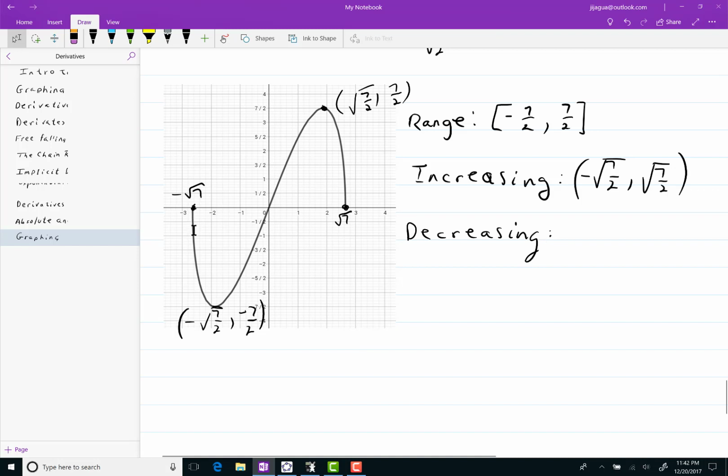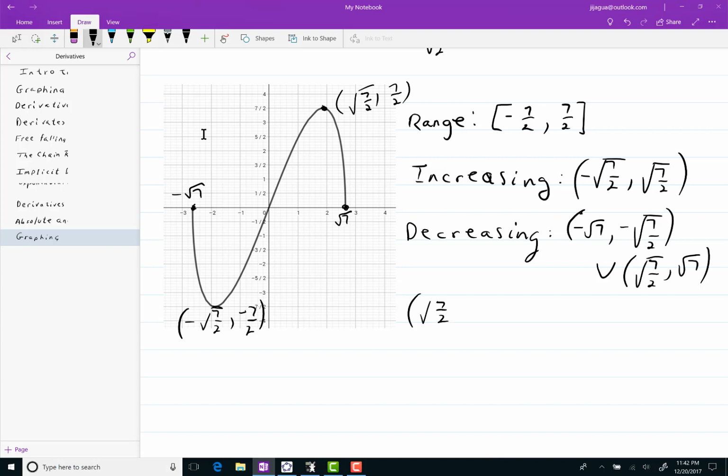So on the first interval, the x values are negative radical 7 down to negative radical 7/2, union the other extremum at radical 7/2 going up to radical 7. Now, if you would have included the endpoints here, negative radical 7 and positive radical 7, I'd have been all right with that because the function is definitely decreasing at those particular places.